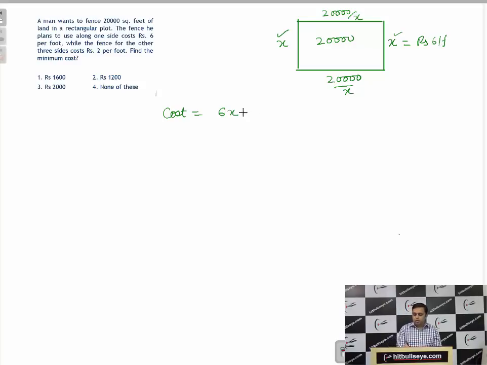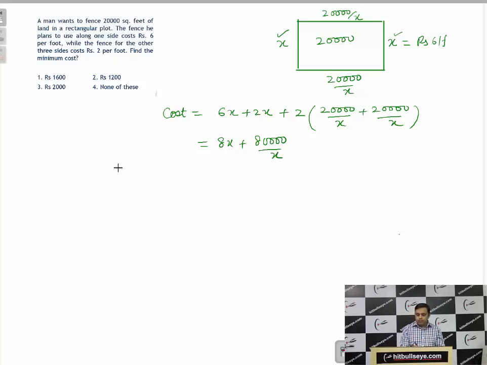That means the total cost will be 2x. Now these two lengths are the same. So for these two lengths we can write 2 times 20,000 by x plus 20,000 by x, or from here we can say that the cost function is 8x plus 80,000 divided by x.